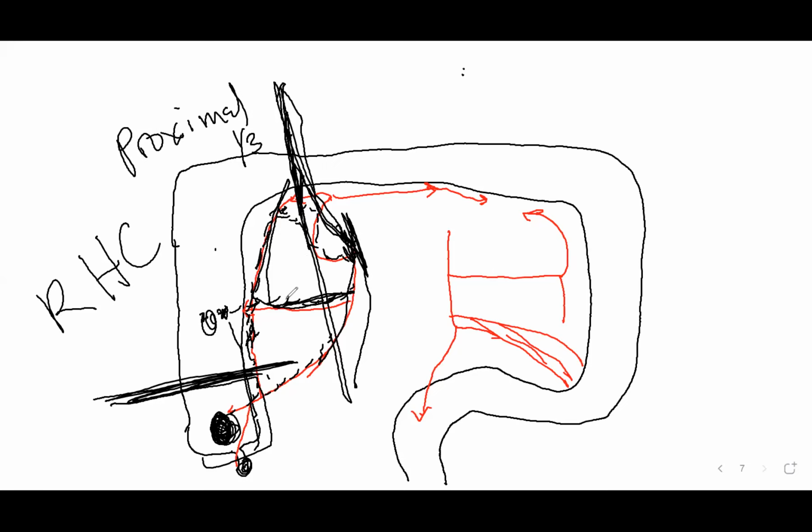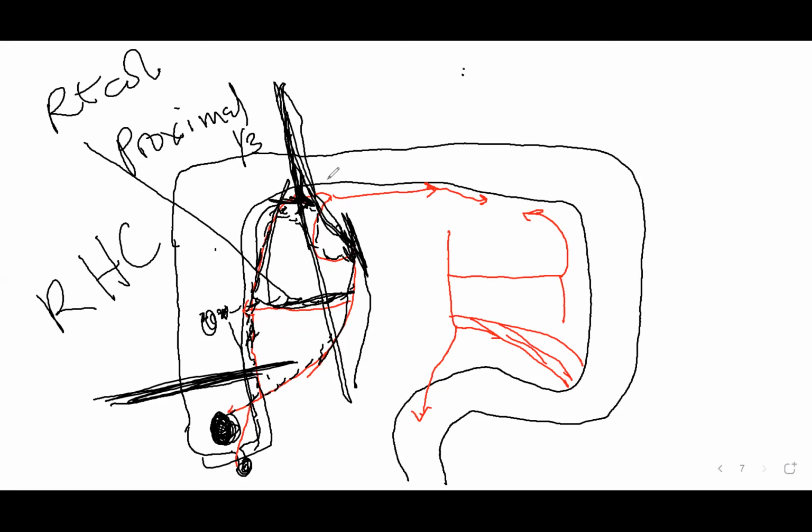It is based on the right colic vessel. Because why? Because the right colic vessel branches to anastomose with a branch of the middle colic artery at the proximal 1/3 of the transverse colon.